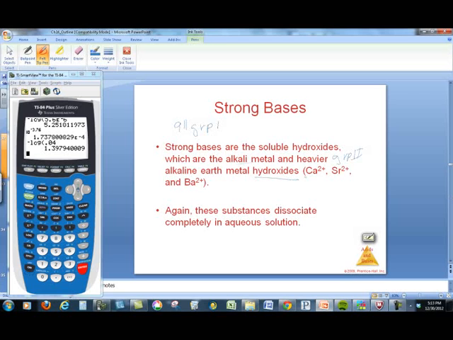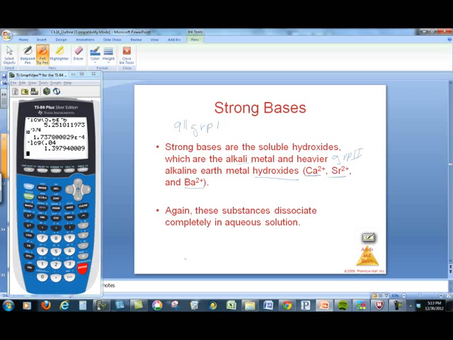If you remember, hydroxides are not soluble unless they are calcium, strontium, or barium. So other hydroxides are not soluble, but calcium, strontium, and barium are. So it's everything in group 1, plus the calcium, strontium, and barium hydroxides.